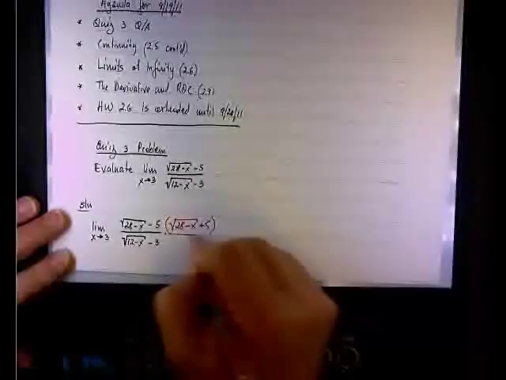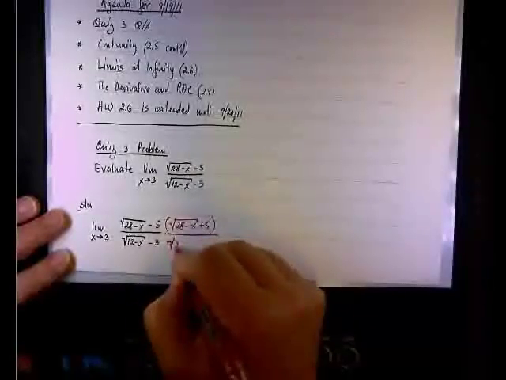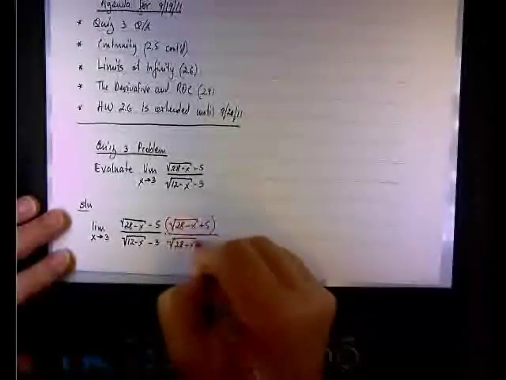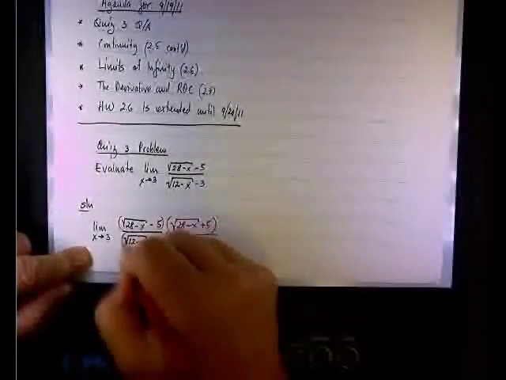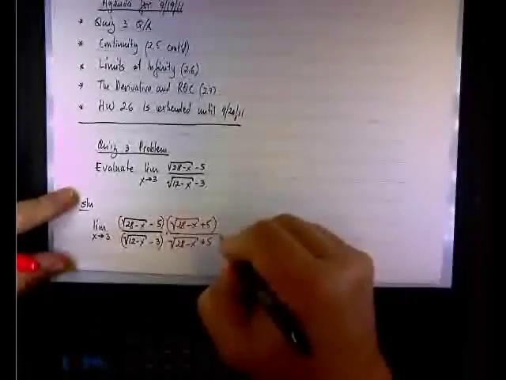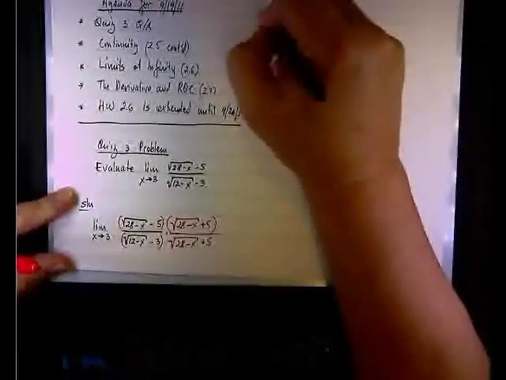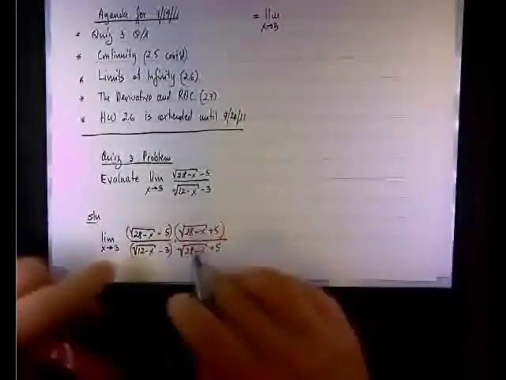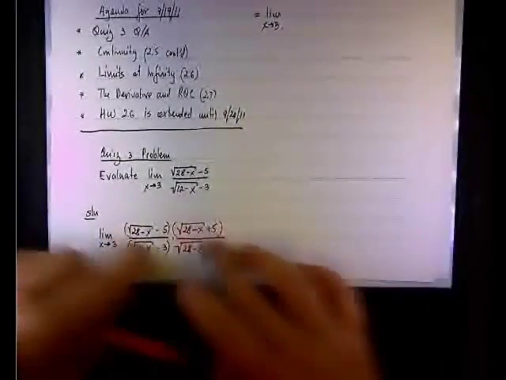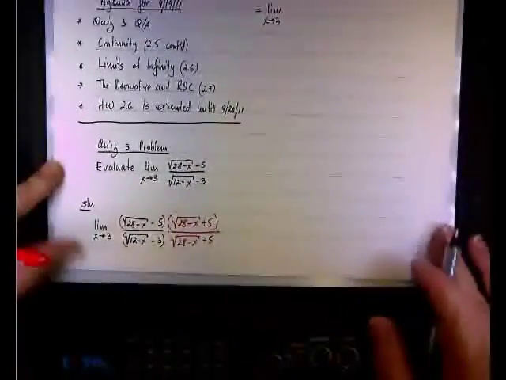So I'll multiply and divide by the same, like so. So let's see what happens once we do this. Again, I need to put parentheses here as well. So it's equal to what? Let's check what happened with the numerator. We'll have the radical squared minus the square of 5.